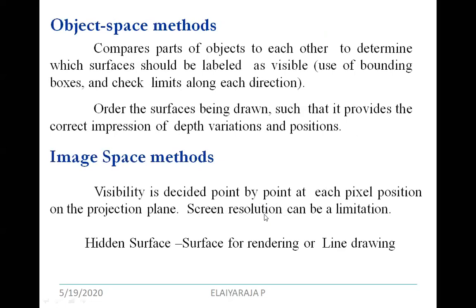So what is the basic comparison between the image space and object space methods? The object space method compares parts of the objects to each other to determine which surface should be labeled as visible by the viewer.